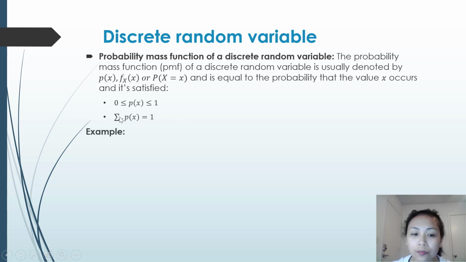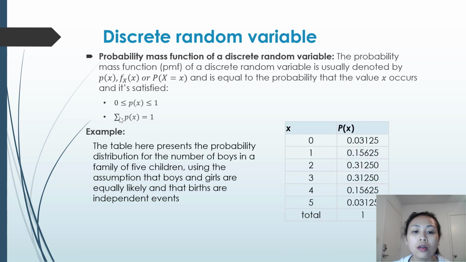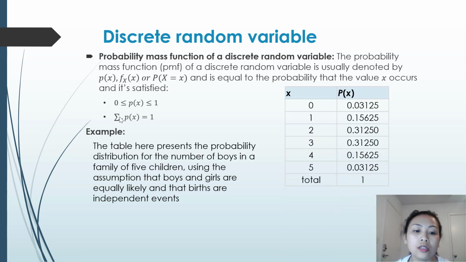For example, the table here presents the probability distribution for the number of boys in a family of 5 children, using the assumption that boys and girls are equally likely and that births are independent events.